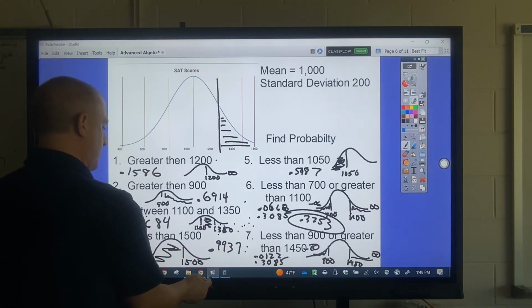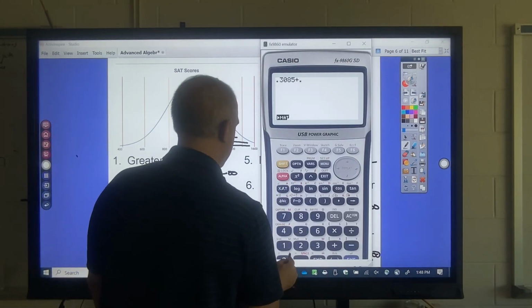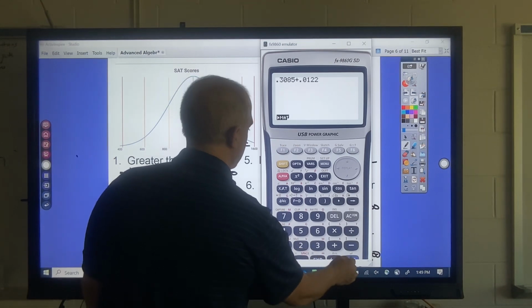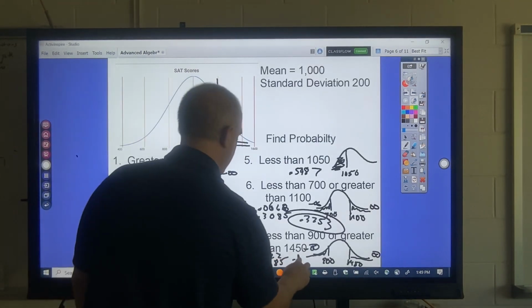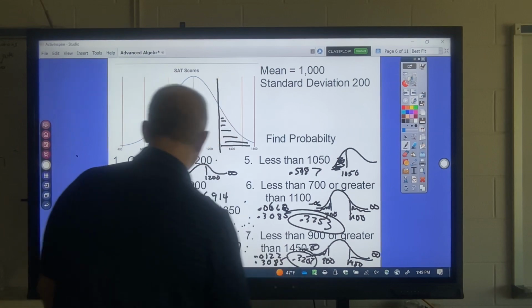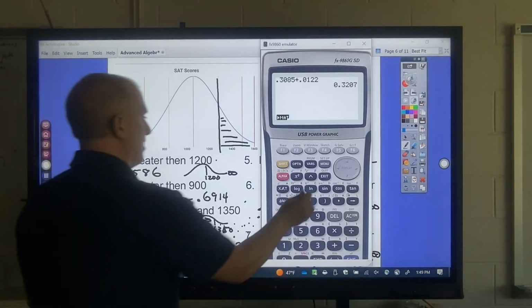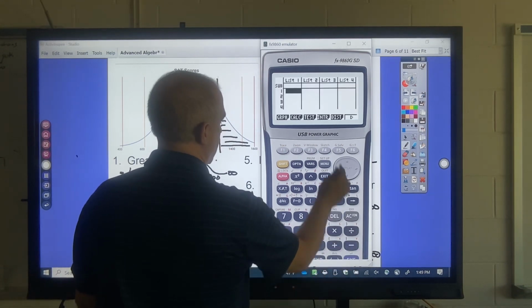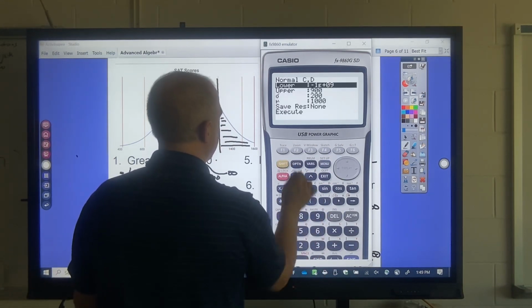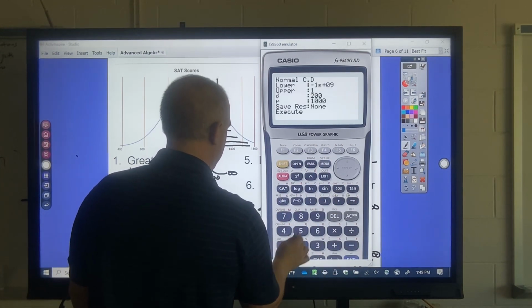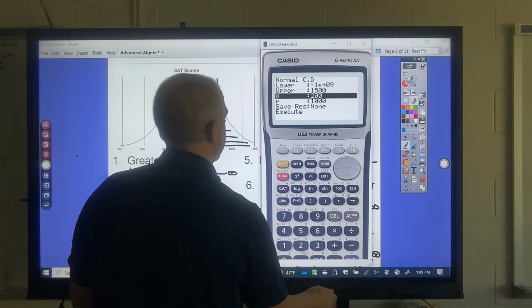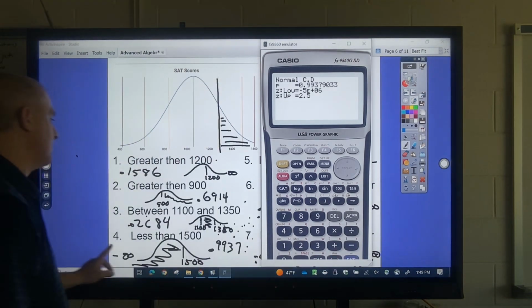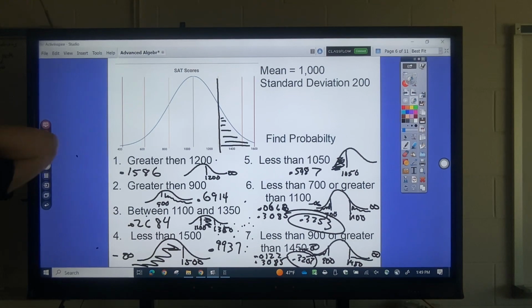Plus 0.0122. So probability is 0.3207. Let me just double check this one back here. This 1,500, that I was good, I didn't make a mistake. Okay, dist, norm, NCD. I just want to check this one, 1,500. Yeah, that's right. Okay, so that's how you figure out probability.